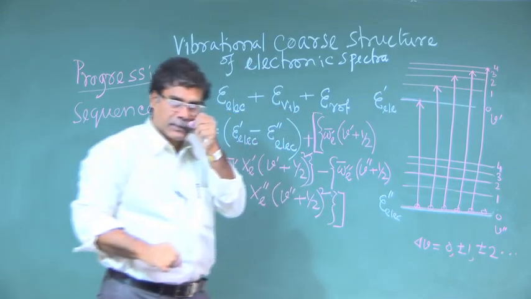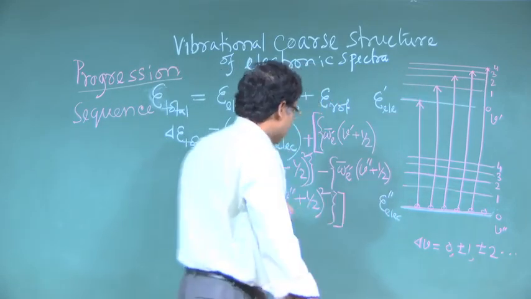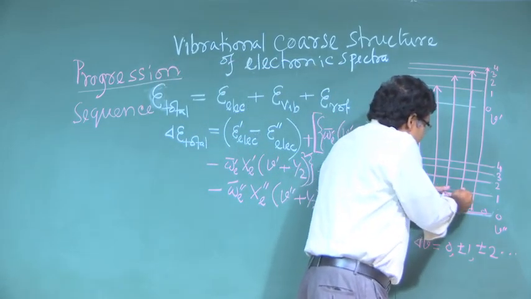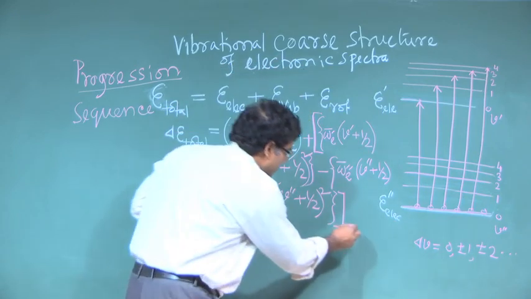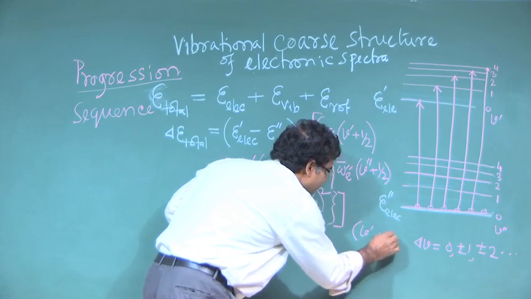If the transition is like this, then we label these spectral lines by using V dash, V double dash.